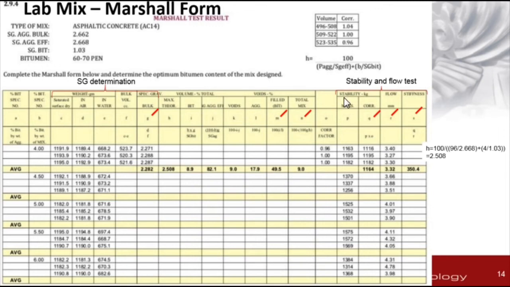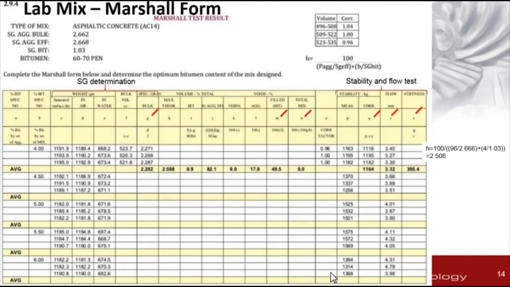The same thing goes for the next sample where the value of the bulk volume is 520.3, and when we refer to the small table, the value of the correction factor will be 1. Okay, the value of the correction factors need to be determined for all the compacted samples.